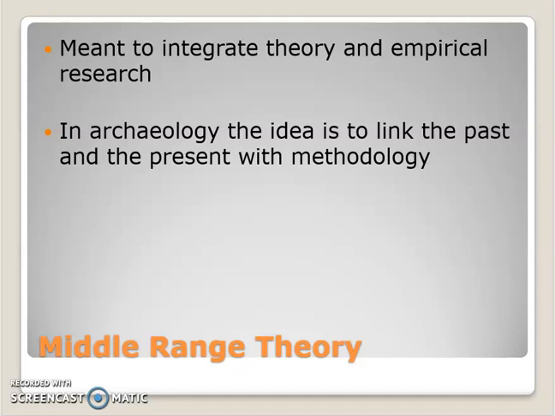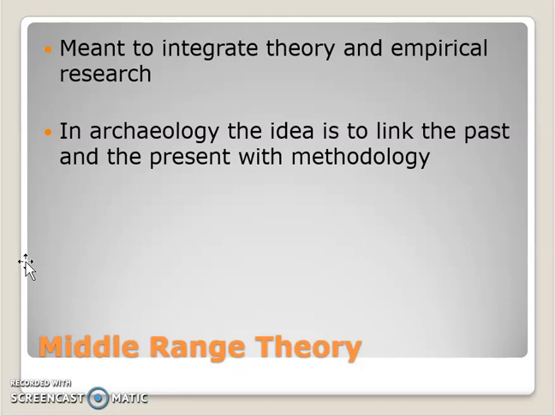But how do we get at what the meaning is? So, middle range theory exists as a way to integrate theory and empirical research. So, it defines a link between the past and the present through methodology. And that's going to become a little more clear as we move forward.